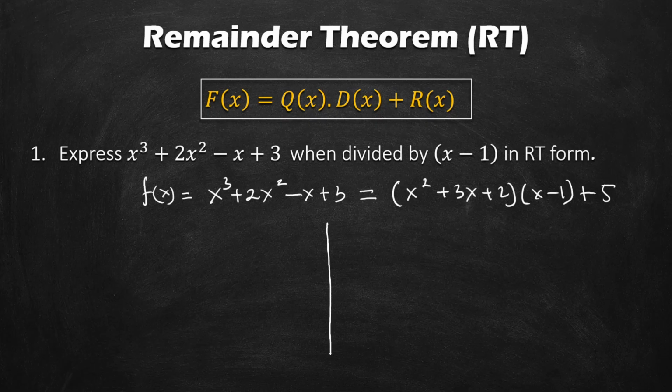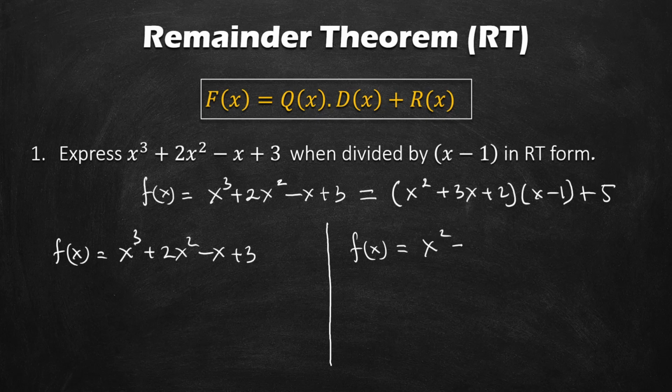So here you can see that we have the first f(x) equals to x^3 + 2x^2 - x + 3, and then the second one is that f(x) equals to (x^2 + 3x + 2) times (x - 1) plus 5.